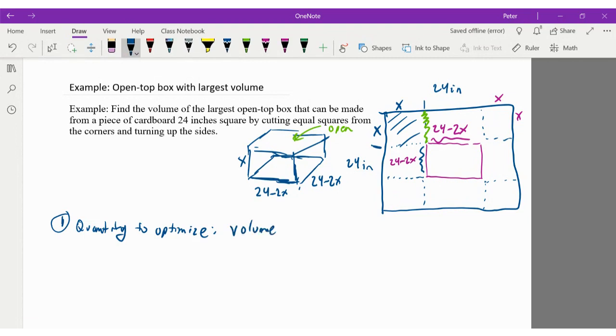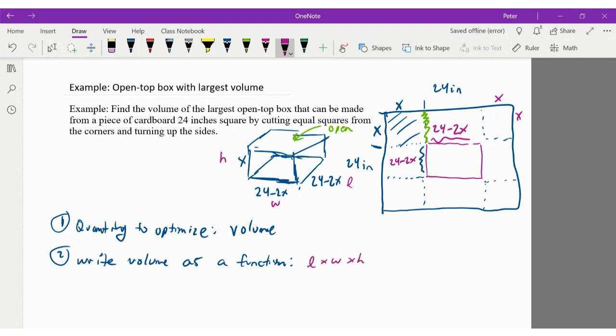So the next step is we have to write volume as a function of some variable. We know that the volume of a rectangular box is going to be, let's call that length, let's call that width and height, length times width times height.